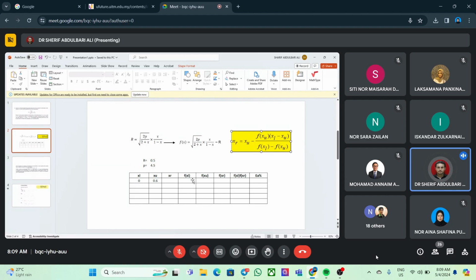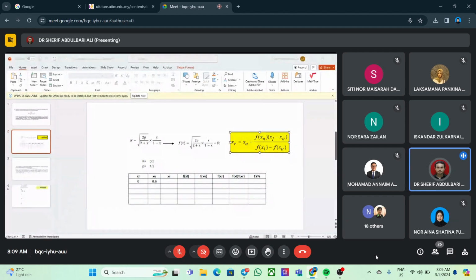I want you to try by calculator, substituting the value of x lower inside this function to get the answer. You can write the answer on the chat box if you don't have a mic.